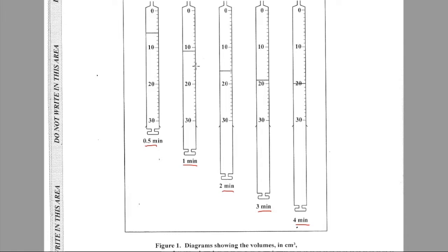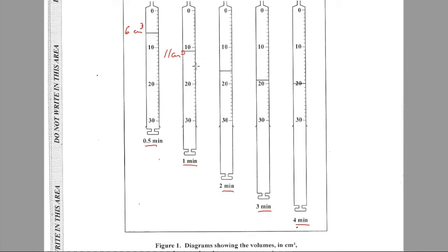So let's get right into our reading. At minute 0.5, that's half of a minute, the volume produced would be 1, 2, 3, that looks like 6 cm³. At minute 1, the volume here is 11 cm³.